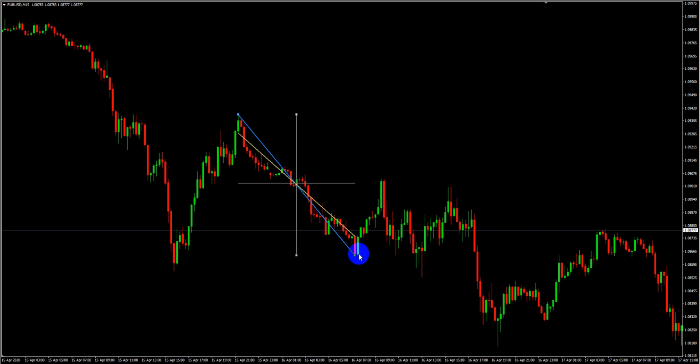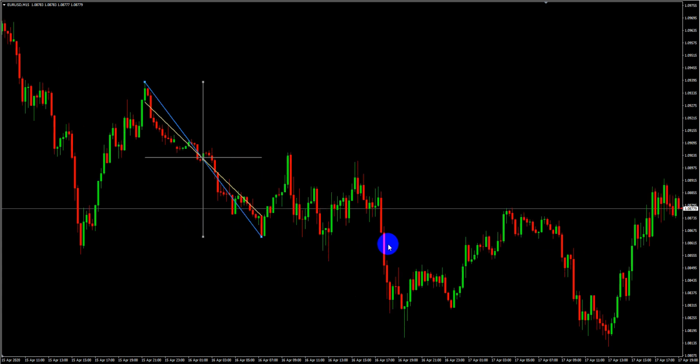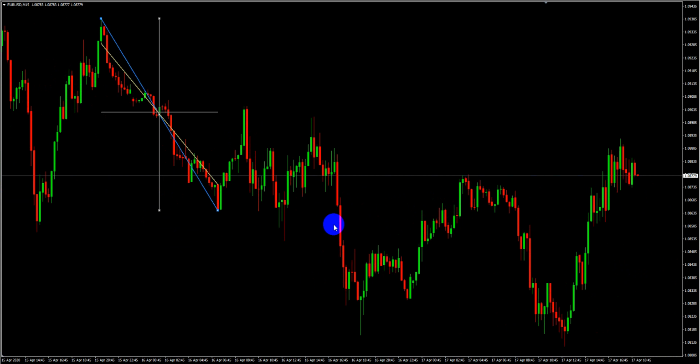However, in order to calculate the cross price, we have to calculate it mathematically, and the cross price is not always going to match the actual middle, right?